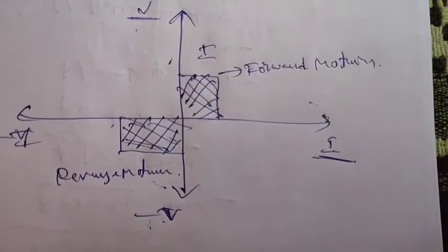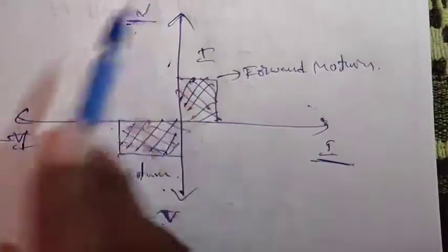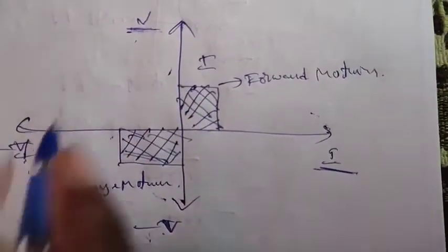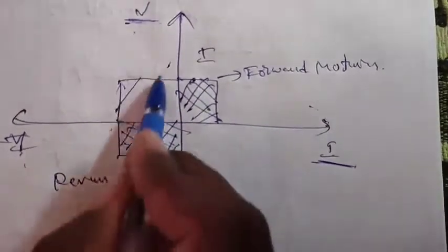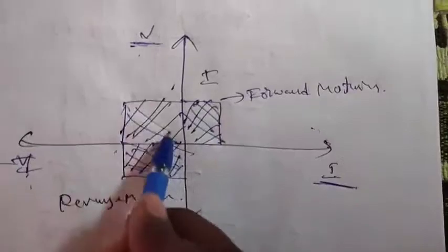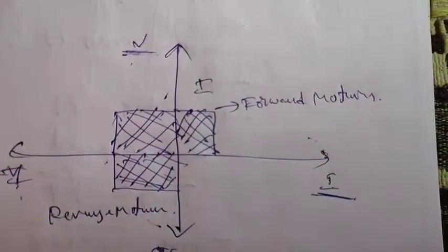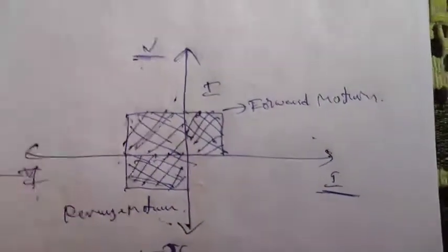And at the same time, if we get a positive voltage with a negative current characteristic, that is forward braking operation.